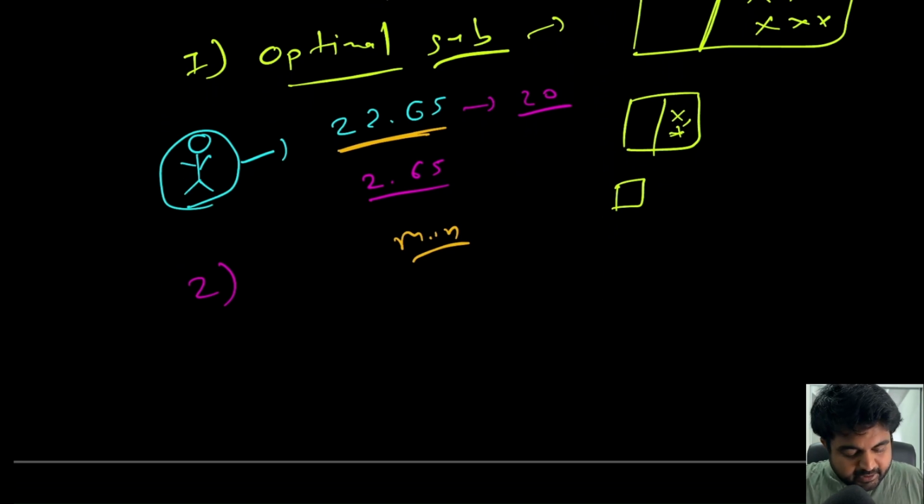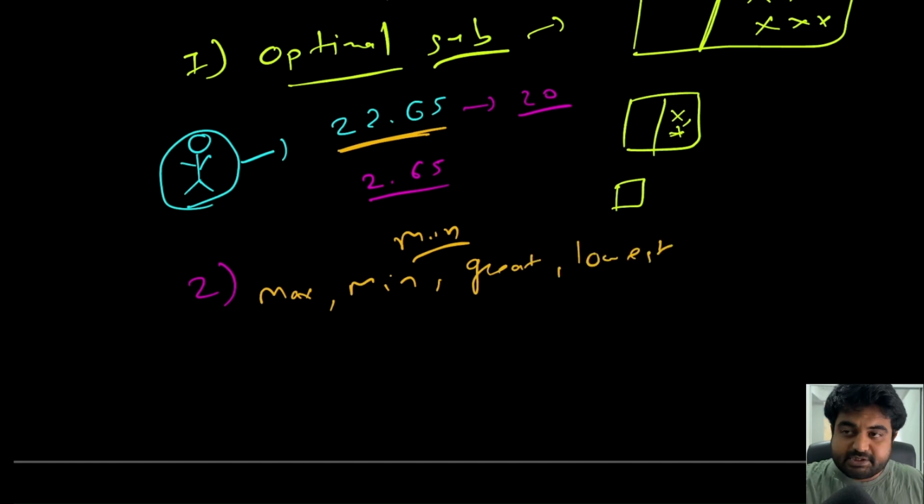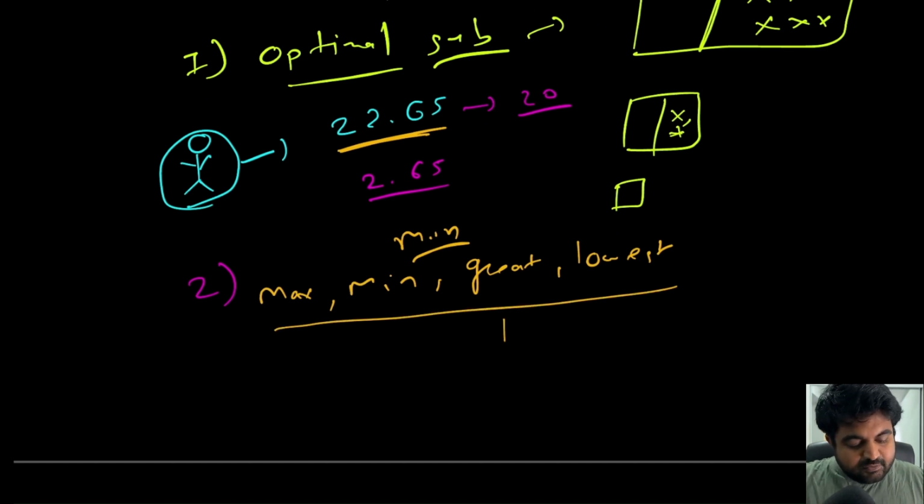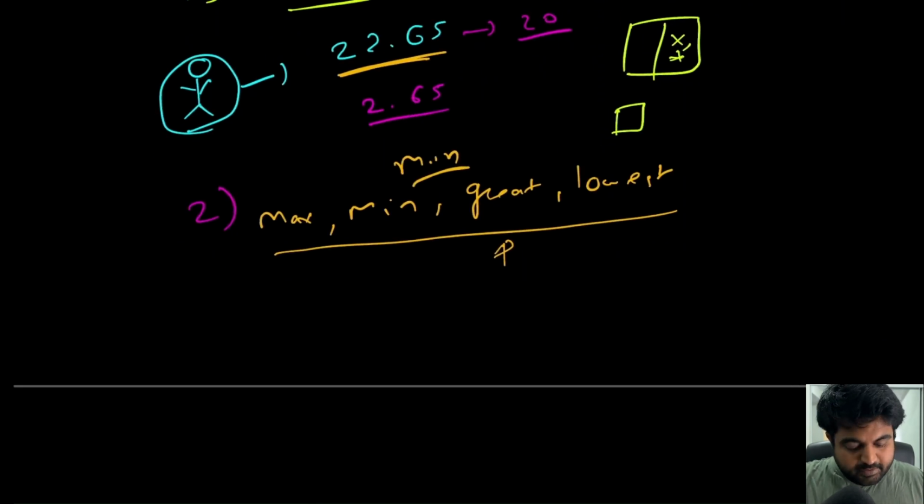So whenever you are trying to maximize your profit or minimize the amount of work that you have to do, or there is the greatest value that you are trying to find or the lowest value that you are trying to achieve, whenever you see keywords like this, always think, can I use a greedy approach to solve this problem? And more likely than not, you would be able to do it.